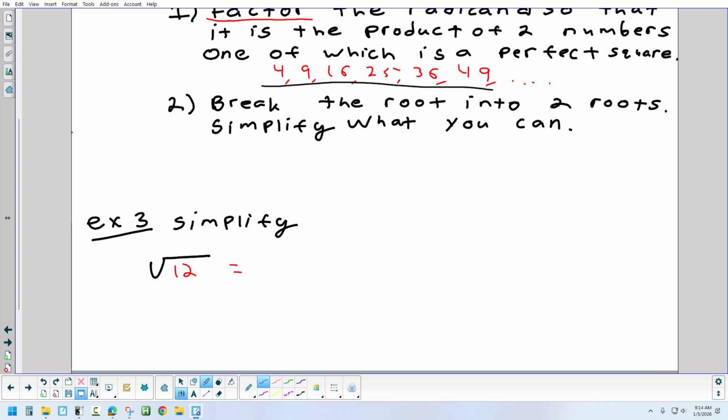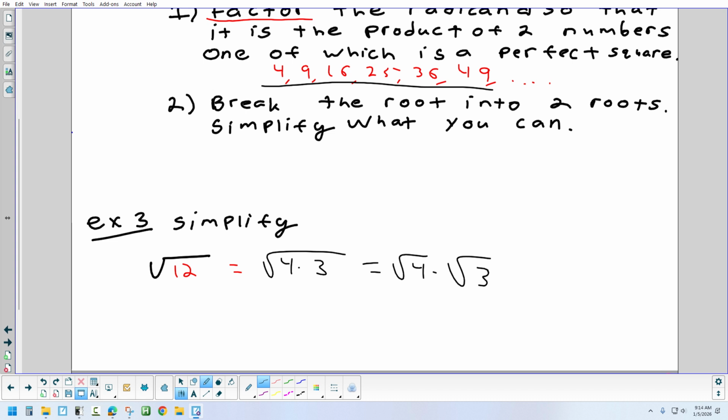Okay, how can you break up the number 12? 3 and 4. Yep, break it up into 3 times 4. And then once you figure out how to factor the 12, now break it into 2 roots. Square root of the first number, square root of the second number.